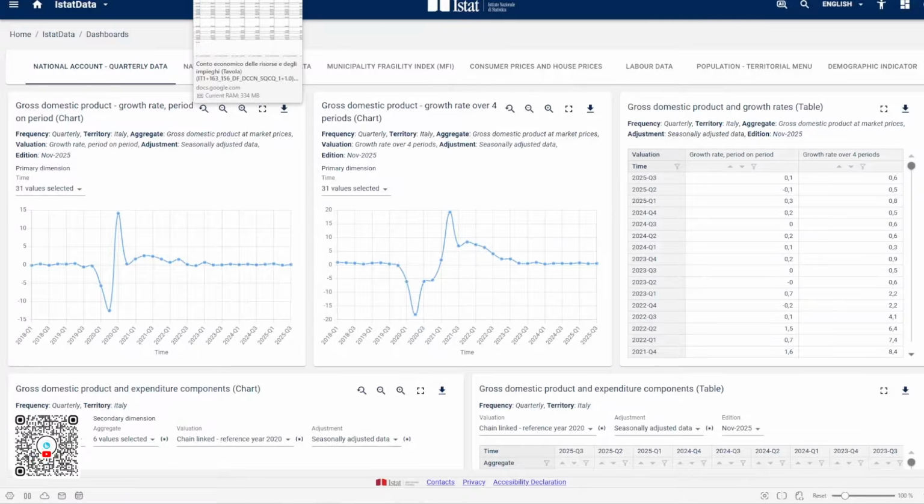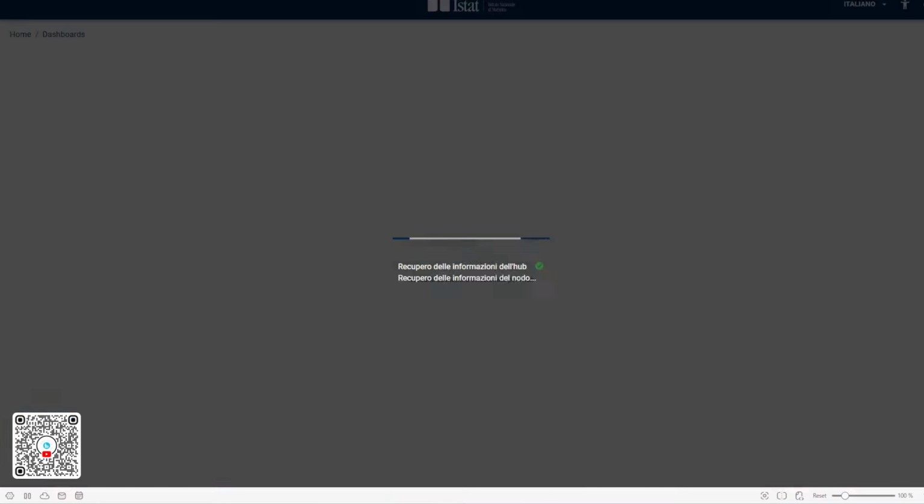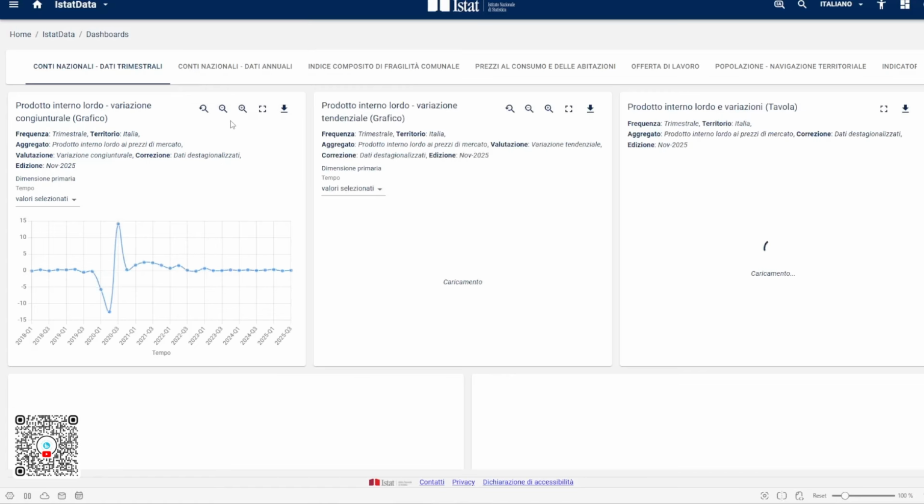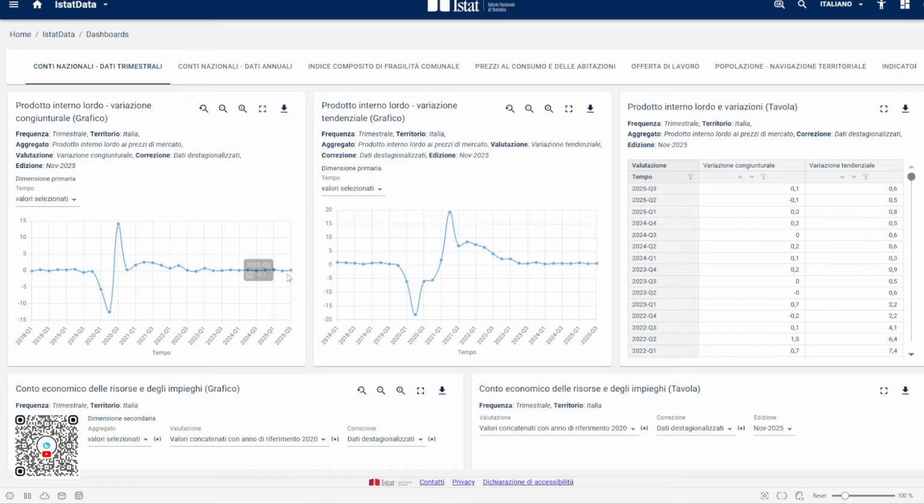And that's another thing, the Italians are so pernicious about stuff. But you see here that we have the GDP growth data.